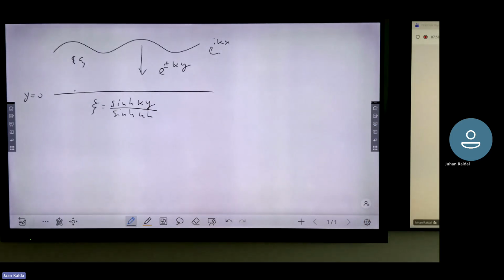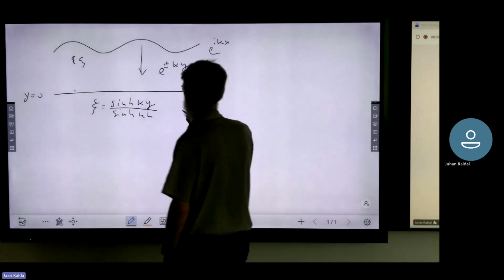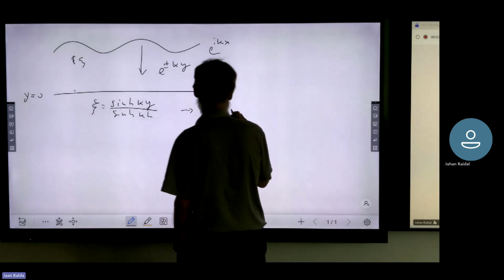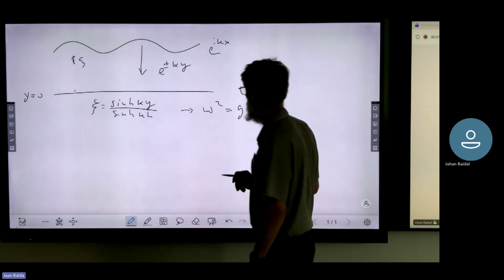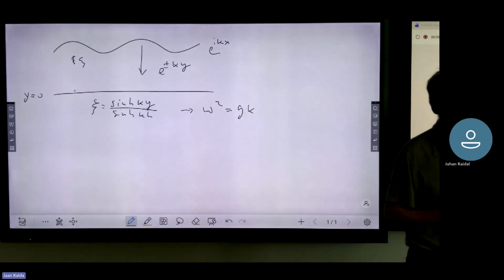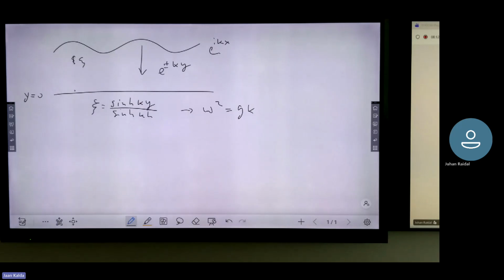So that is the substitution we need to make. If we do all the maths, we are not going to do all the maths right now, then what we obtained before, omega square equals g times k, wasn't it, now we will have something like a correction from that hyperbolic sinus, just to not make mistakes. So we have now added here a hyperbolic tangent.